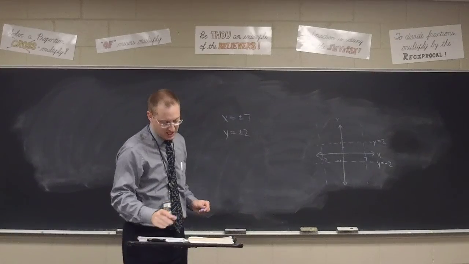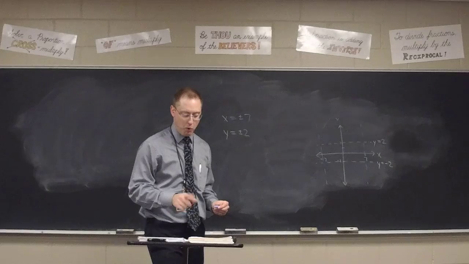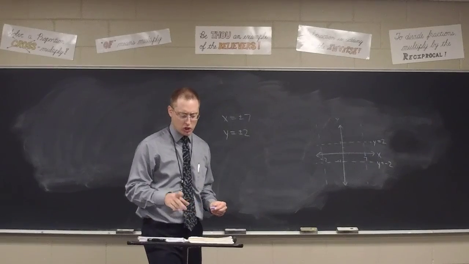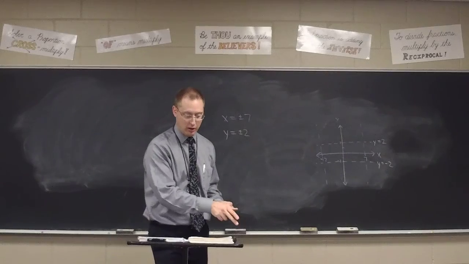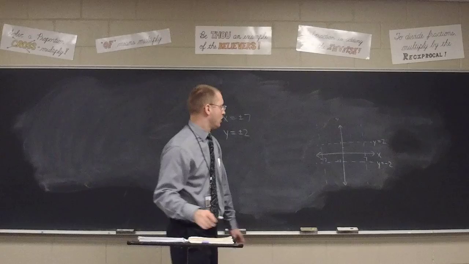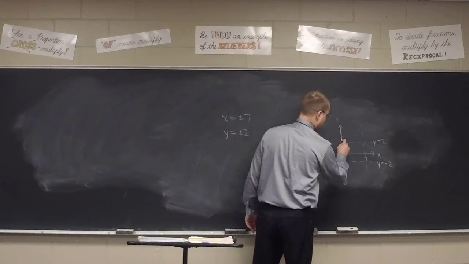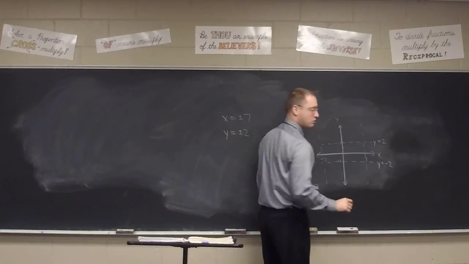Letter G. The distance from the x-axis equals the distance to the y-axis. So equal distance, equidistant from the axes. Well, question, when you draw these axes, you have intersecting lines, don't you?